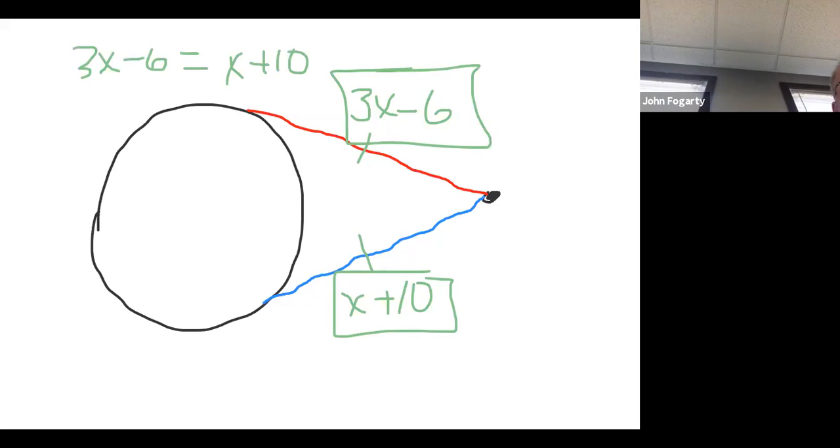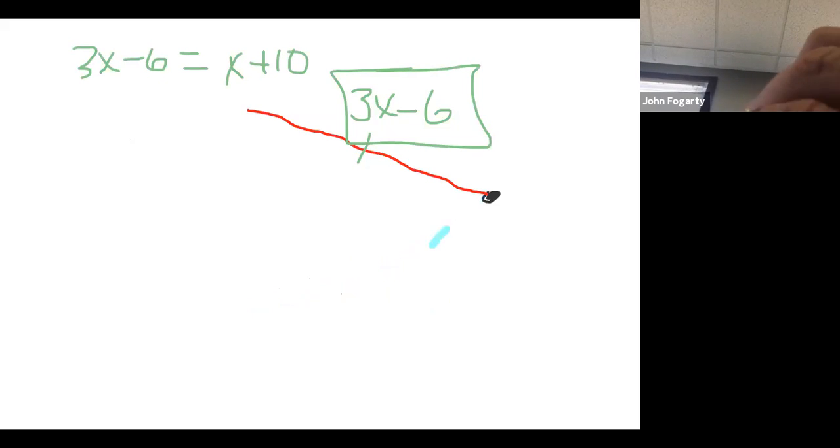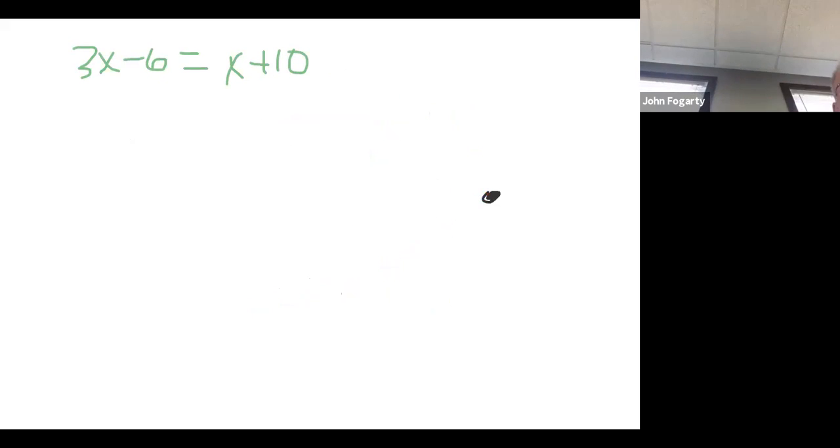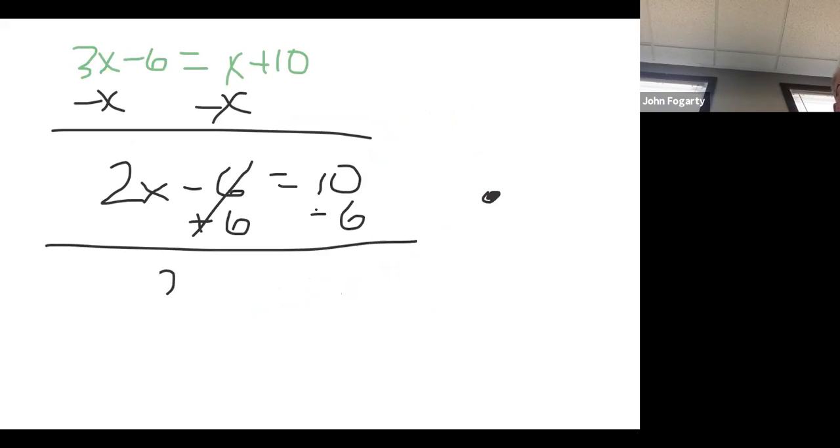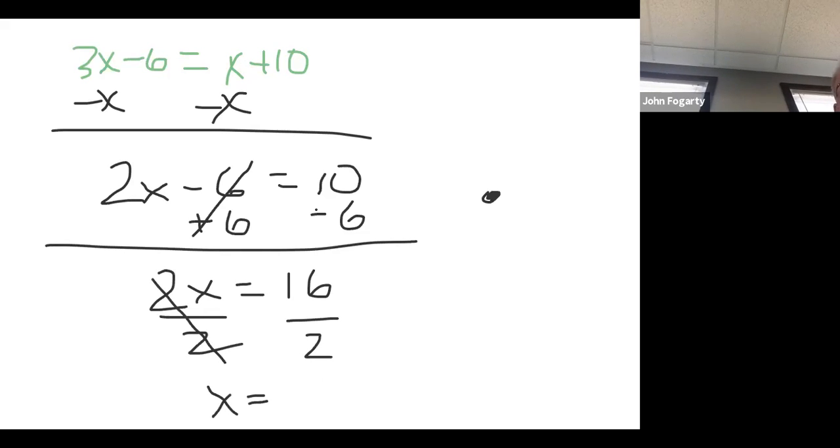Now we can just solve it. I'm going to subtract x from both sides. 2x minus 6 equals 10. Add 6 to both sides. 2x equals 16. Divide both sides by 2. X equals 8.